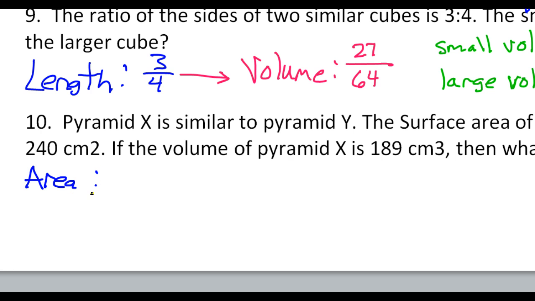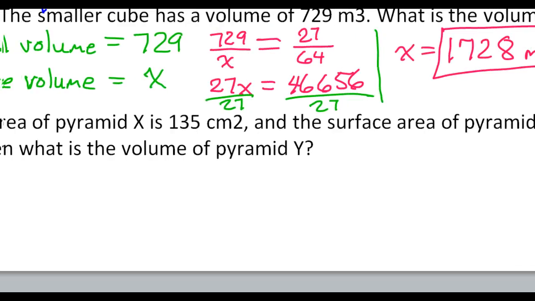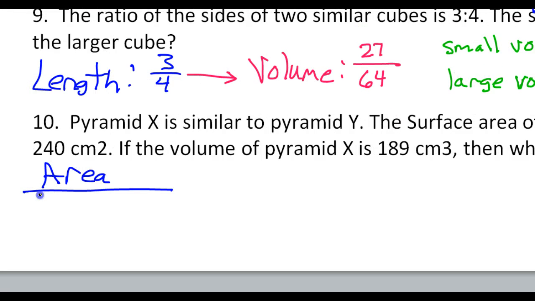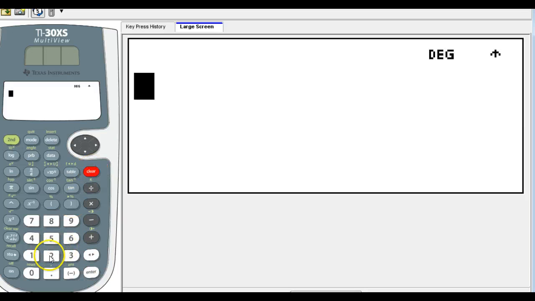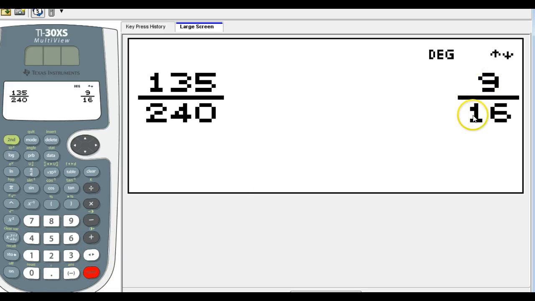We have 135 and 240. Let's reduce that. That's 9/16.